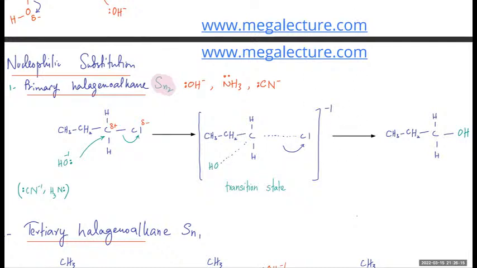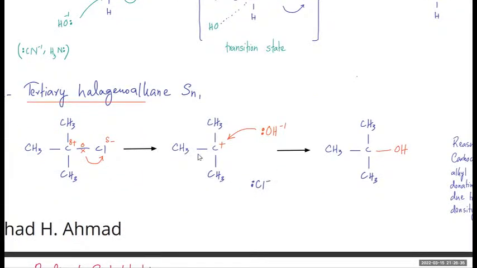Sir, you explained SN2, what does the term refer to? It refers to the rate of reaction depending on both reactants. The 2 stands for that the rate of the reaction depends on both reactants. The other one was a two-step reaction, right? The first one was slow, and the second one was fast.